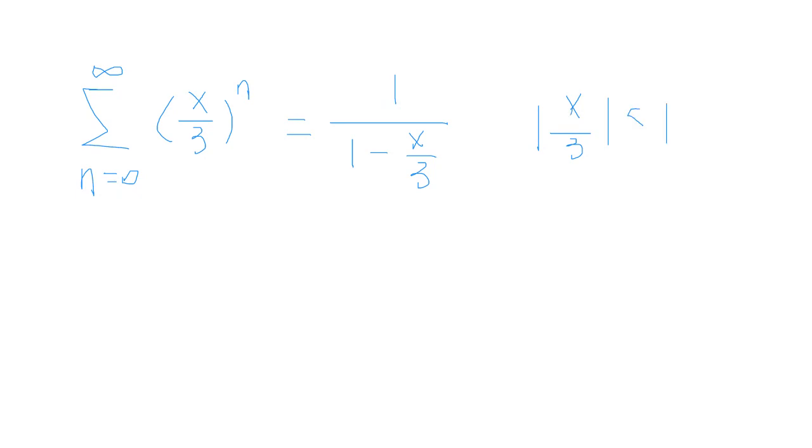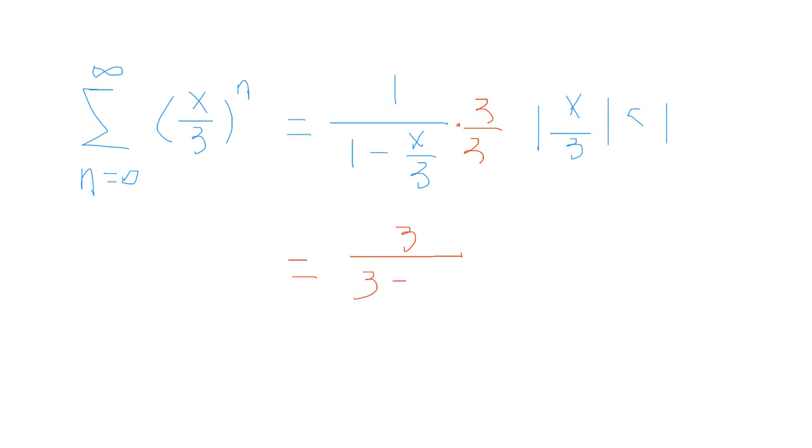Okay. So for this one, we simplify this representation. We multiply by 3 over 3. So basically we multiply every term by 3. Numerator 1 times 3, that's 3. And denominator 1 times 3, that's 3.